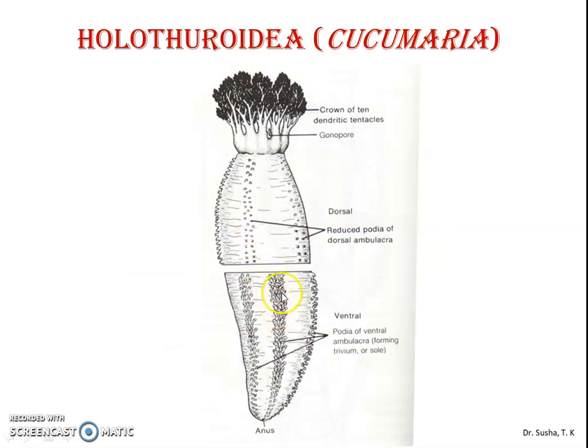There are 2 types of tube feet seen in sea cucumbers: on the ventral side, tube feet with suckers, and on the dorsal side, tube feet without suckers.